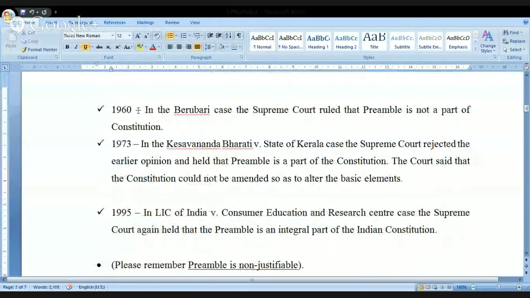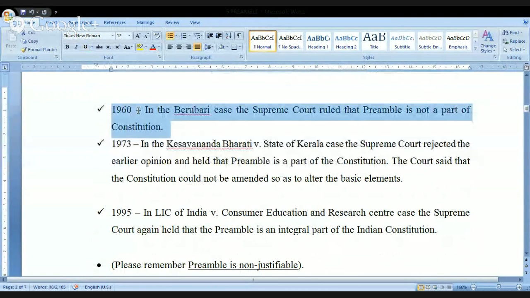In the year 1960, kindly remember these names. What are these cases? I will discuss them with you in a detailed manner later when I'm talking to you regarding the case laws. But kindly remember certain points now. In the Berubari case, the Supreme Court ruled that the preamble is not a part of the Constitution.